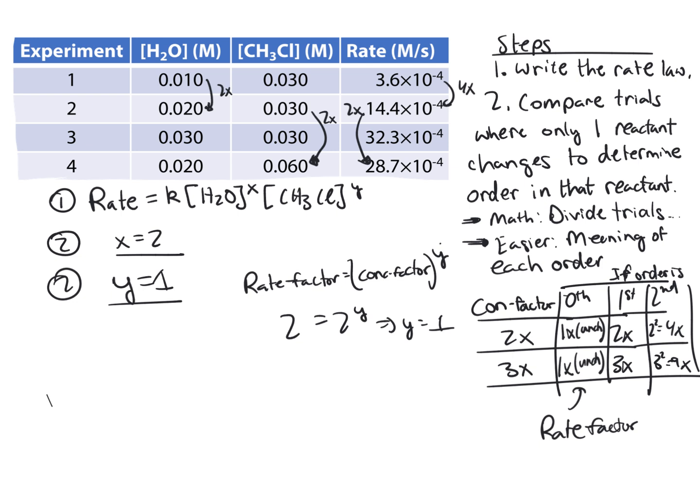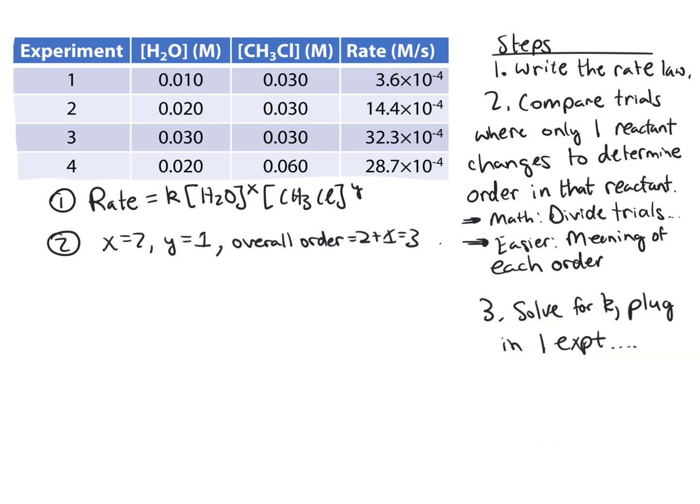The only way we can get 2 to some power to stay equal to 2 is if y is equal to 1. So this is definitely where just remembering some of those exponents and their rules comes in. At this point now, we have that it's second order in H2O, first order in CH3Cl. The overall order is 2 plus 1 is equal to 3, just adding up the orders in each reactant.